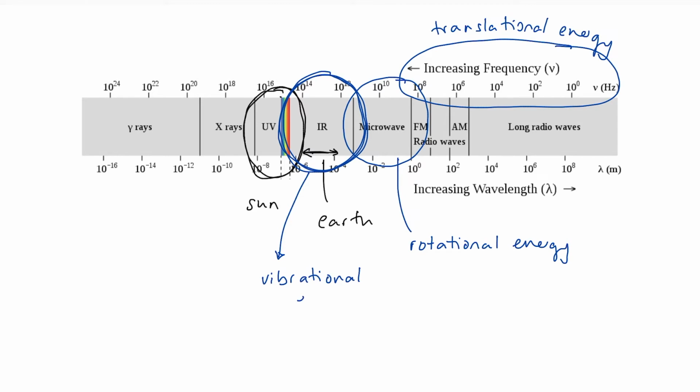So we see an increase in the molecule's vibrational energy. And as a result of this, as their bonds vibrate, the molecules bump into their next door neighbours. The energy is converted into kinetic energy, and the atmosphere is warmed.